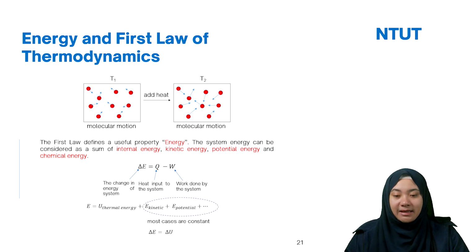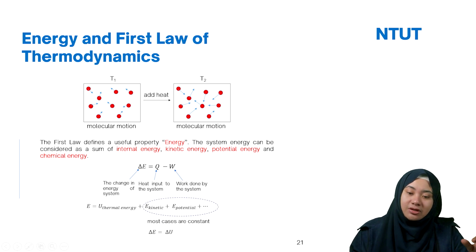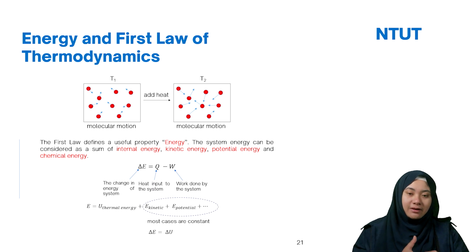Actually, it's delta E equals Q minus W. Delta E itself can come from thermal energy, kinetic, and potential, and so on. But mostly kinetic and potential remain constant. In this chapter, we just assume that kinetic and potential are constant if the question doesn't give a specific velocity.